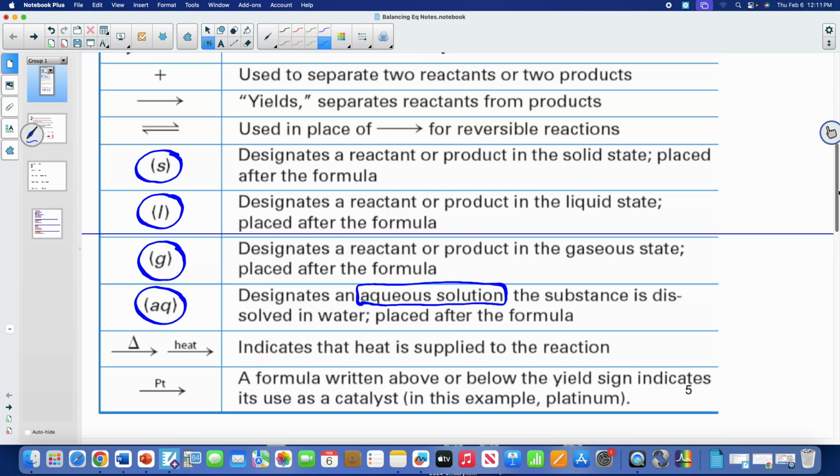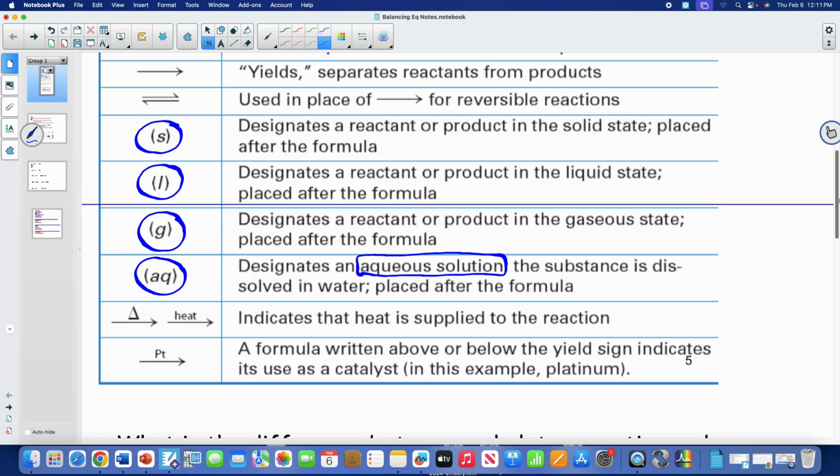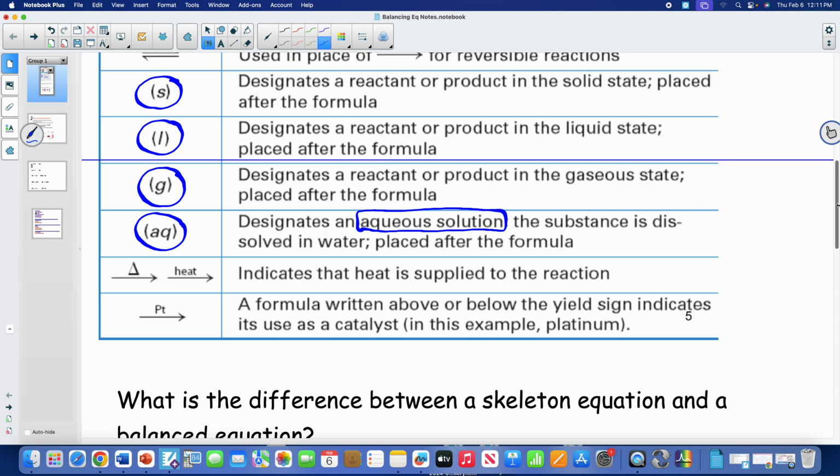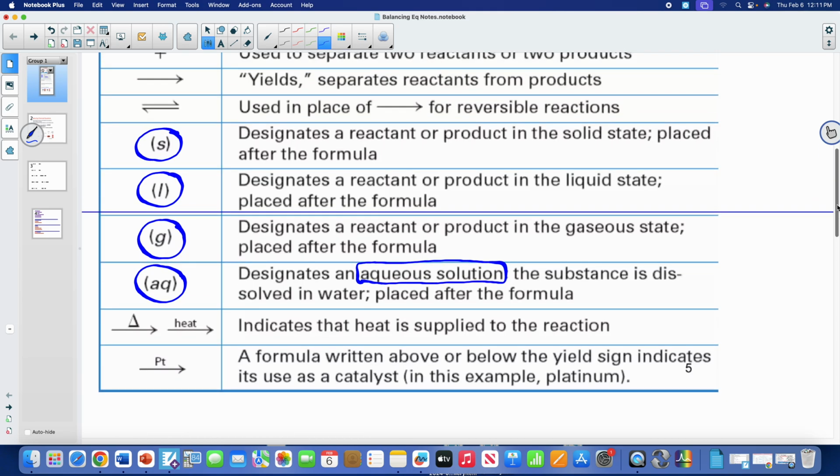Okay, so any questions about any of these symbols? No? Okay. Wait, can you explain the aqueous solution again? Okay, so aqueous, right? When you hear that AQU, you usually think like aqua, water, right?